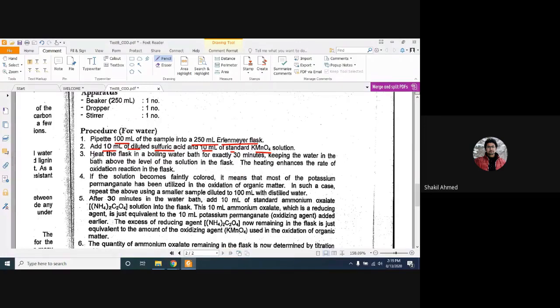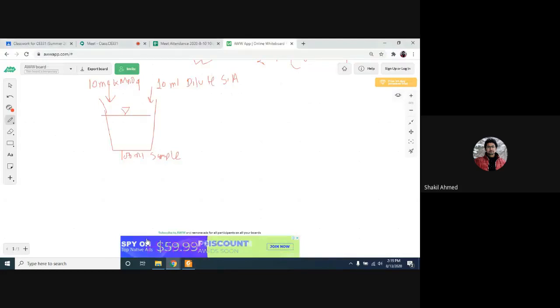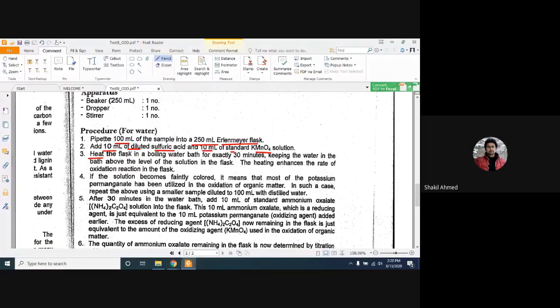Heat the flask. Why do you need to heat it? Because this oxidation process is expedited by the heat. Heat the flask in a boiling water bath for exactly 30 minutes, keeping the water in the bath boiling. By the way, you don't directly heat it.